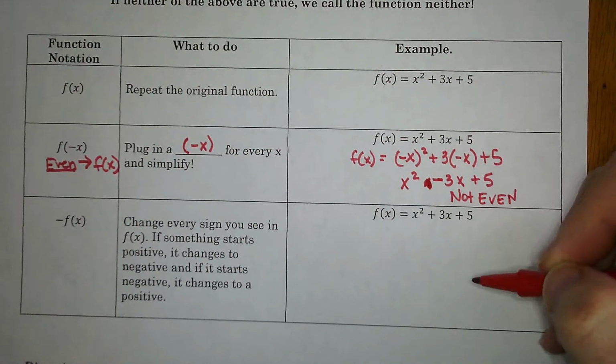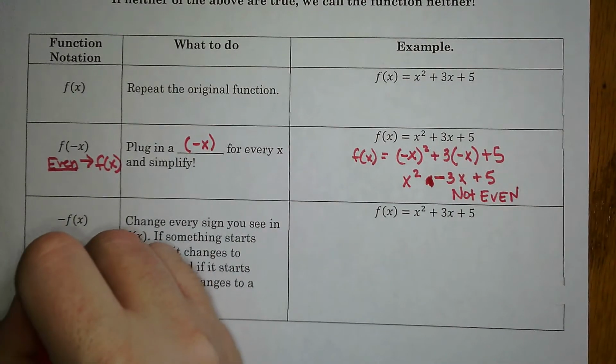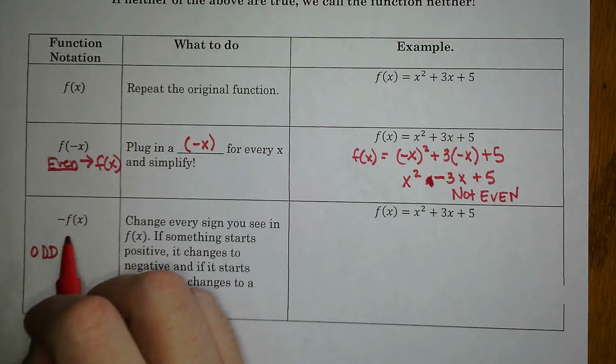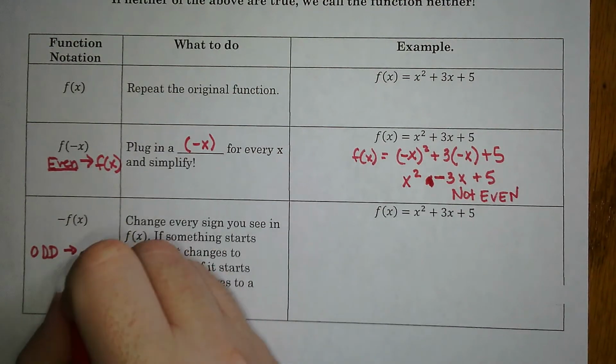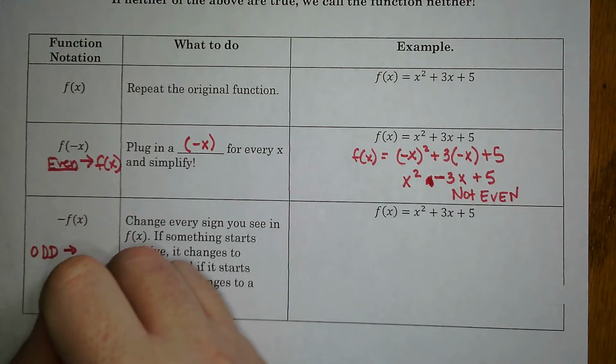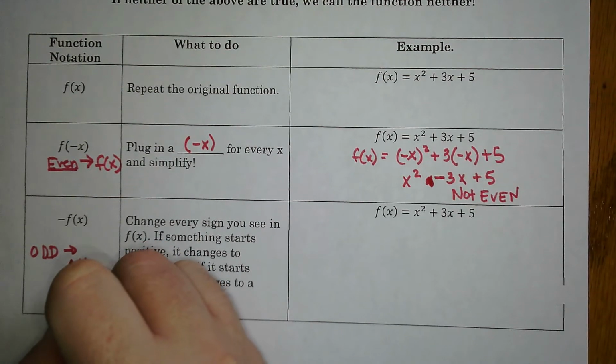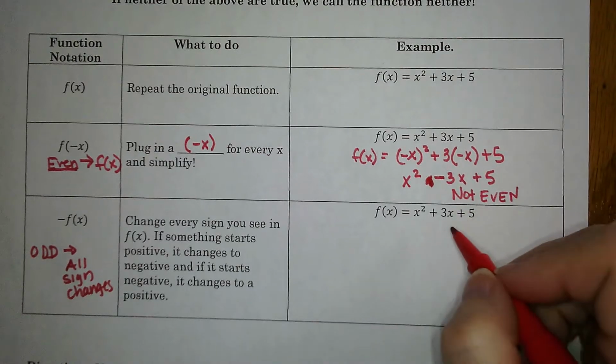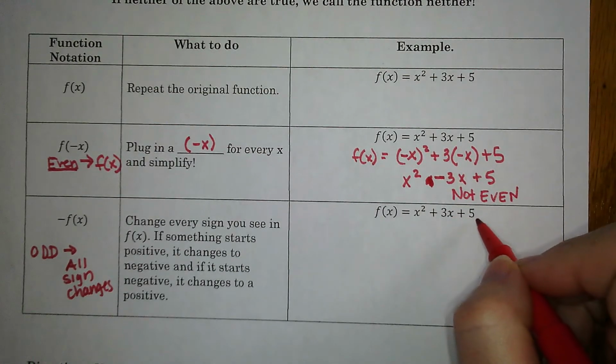So now we're going to compare it to see if it's odd. If it's odd, all the signs would be different. Okay? Then that means that we should have all sign changes. So let's take a look. This is what we have in the beginning.